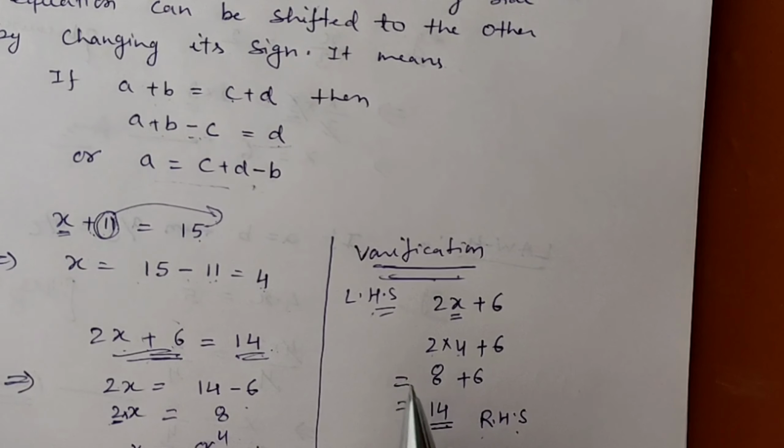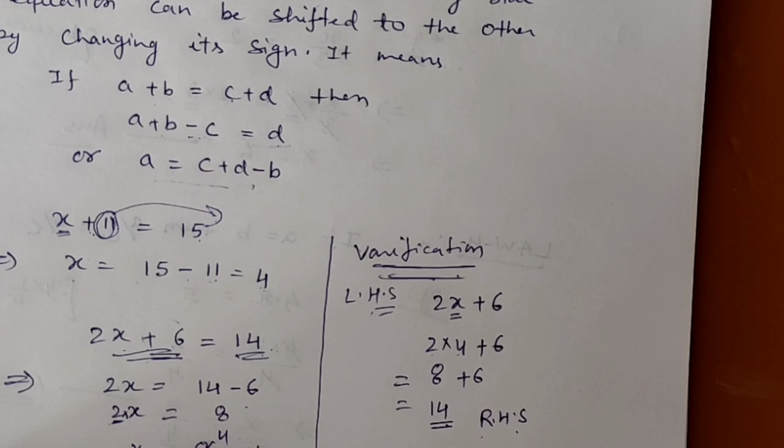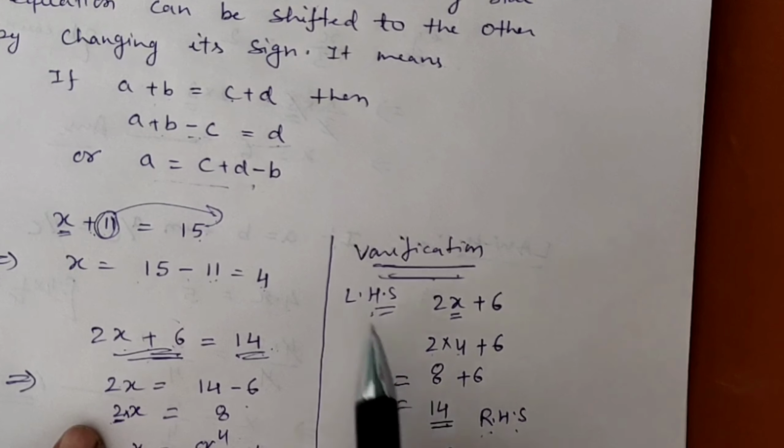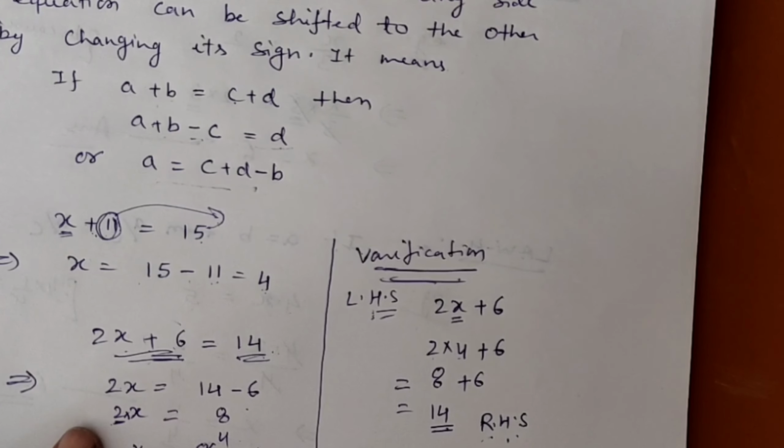In this process, you put the value of x that you are getting into your equation, and you will get that the left hand side value is equal to the right hand side. If you are getting left hand side equal to right hand side, it means your solution is correct. So this is the verification process.